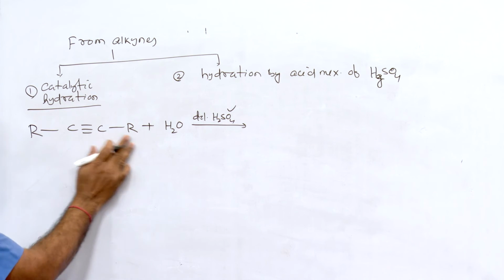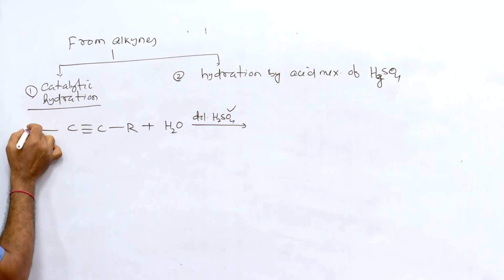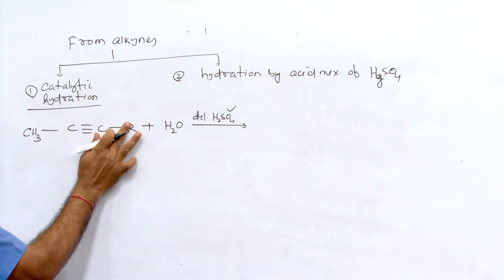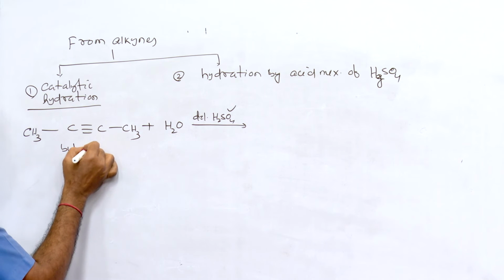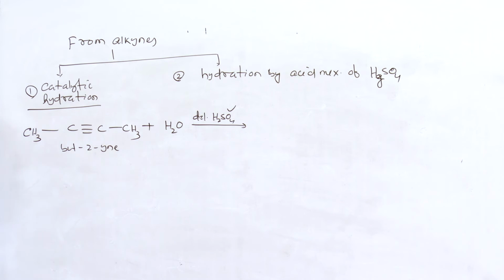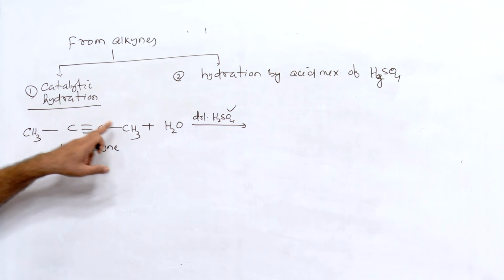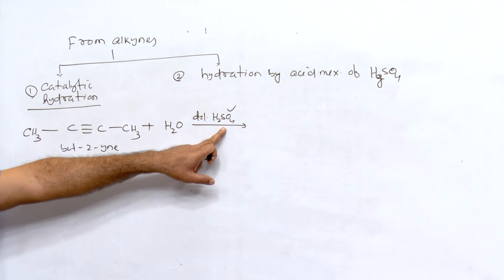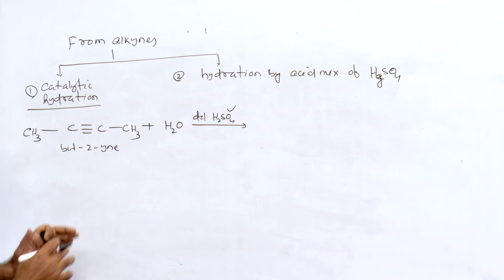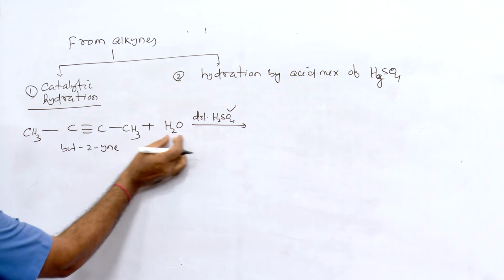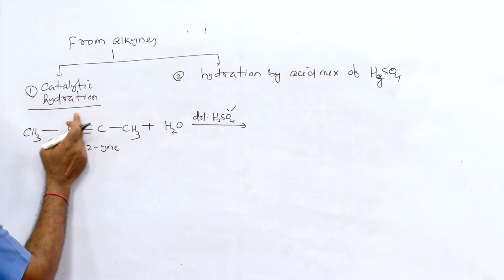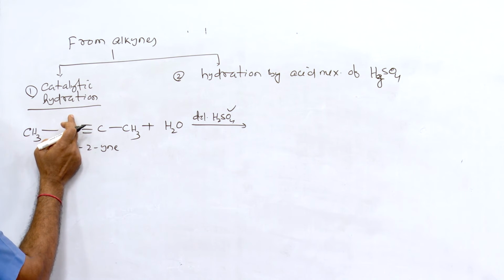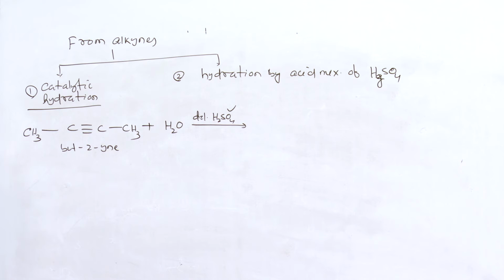This is a symmetrical alkyne I have taken. For example, if I take but-2-yne, a particular example I am taking here. Here the acid facilitates the addition of water across this triple bond. One pi bond breaks, H and OH. H is added at one carbon, OH group is added to another carbon.